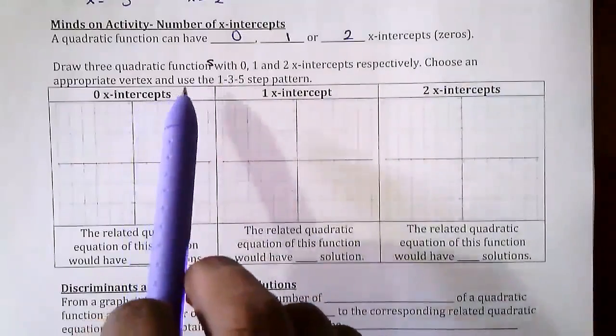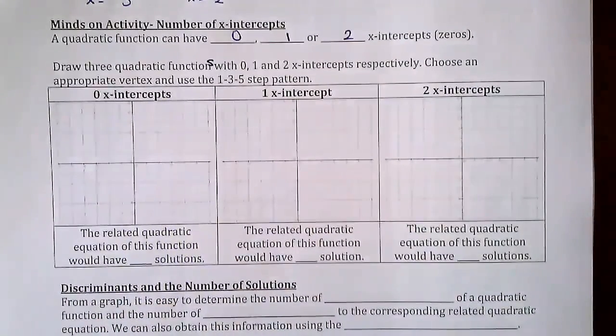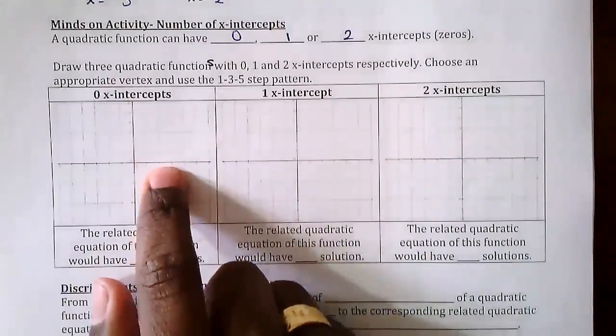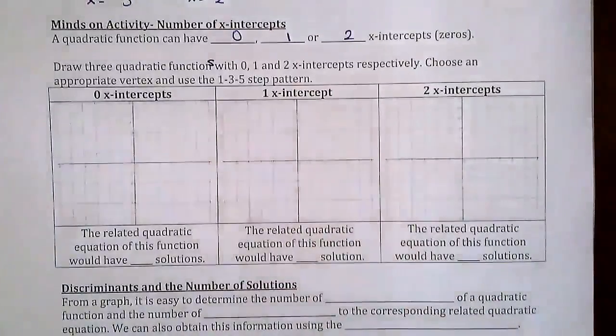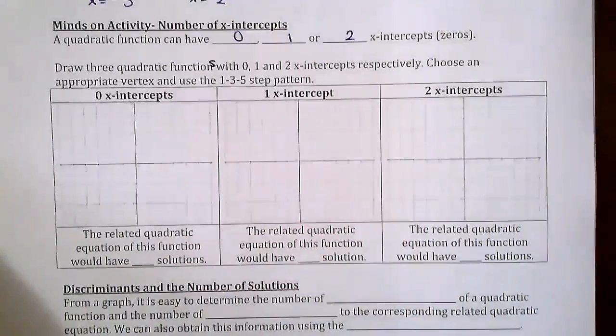Choose an appropriate vertex and use the 1, 3, 5 step pattern. So what I want you to keep in mind is that there's going to be a whole bunch of answers that all of you can produce here. So pause the video now, draw a parabola with 0 x-intercepts, 1 x-intercept, and 2 x-intercepts, and then we'll take up our answers. So pause the video now.